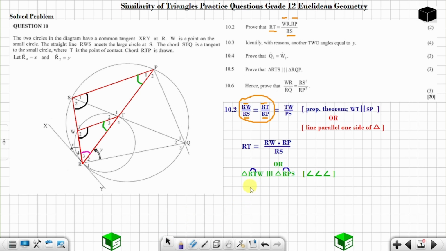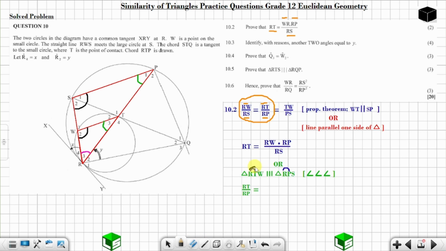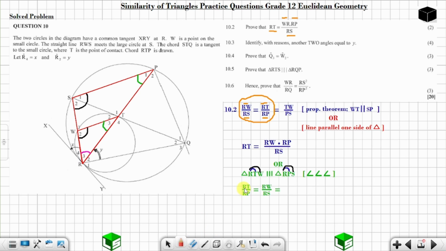So you have RT over RP equal to first and third over first and third, RW over RS, equal to second and third over second and third, TW over PS.